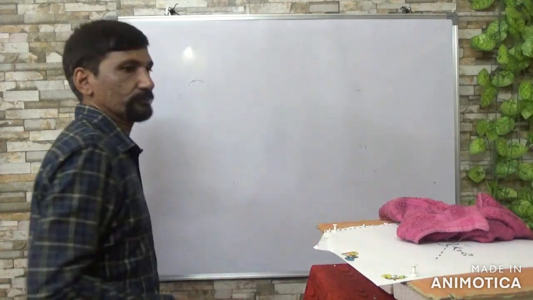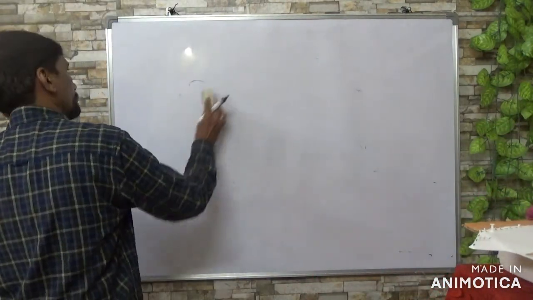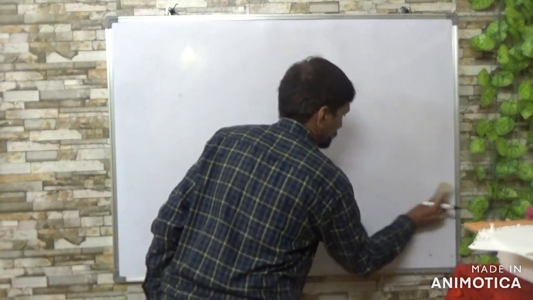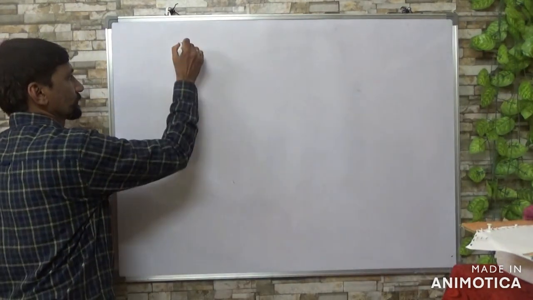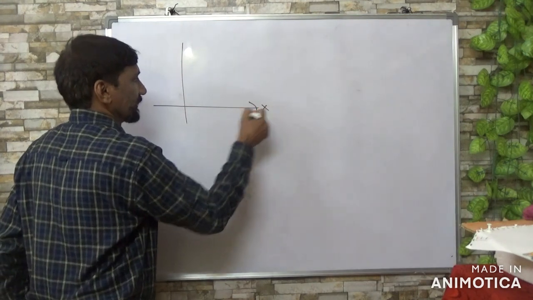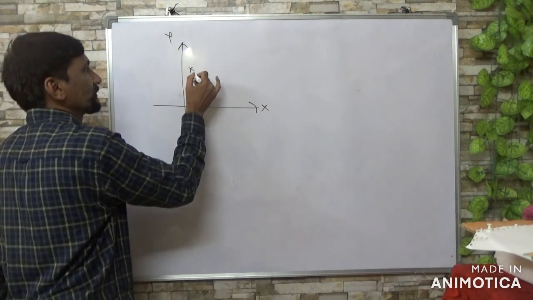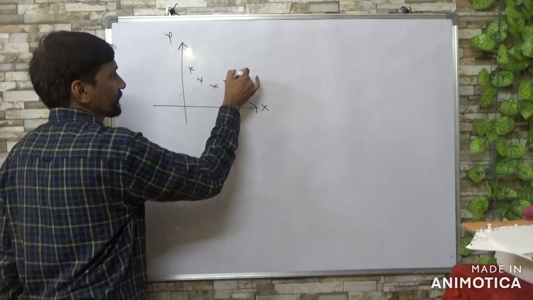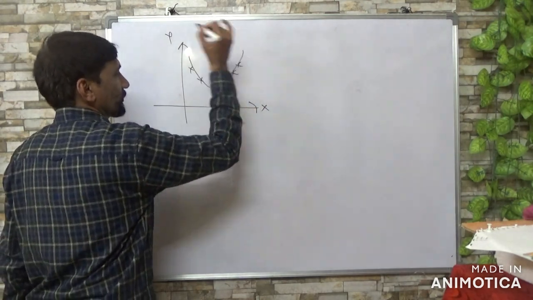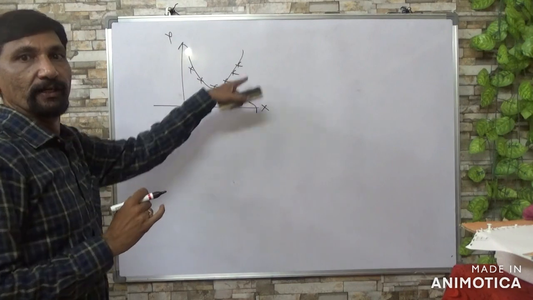Okay, x-axis, y-axis. Okay, so this is the shape of the graph.